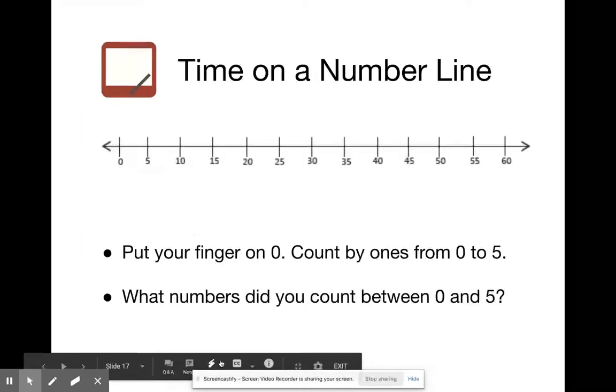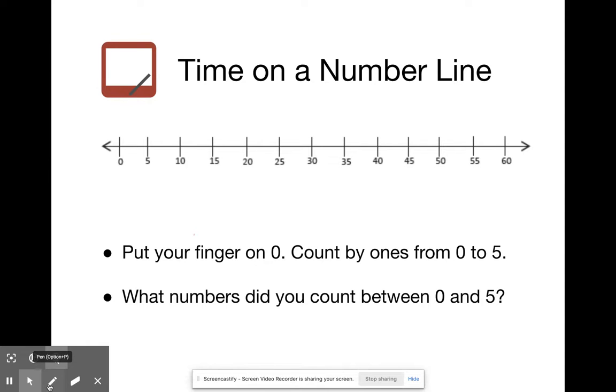Okay, we're going to put our finger on 0 and actually put your marker on 0, and we're going to count by ones from 0 to 5. So starting with 0, we have 0, 1, draw a tick mark, 2, 3, 4.